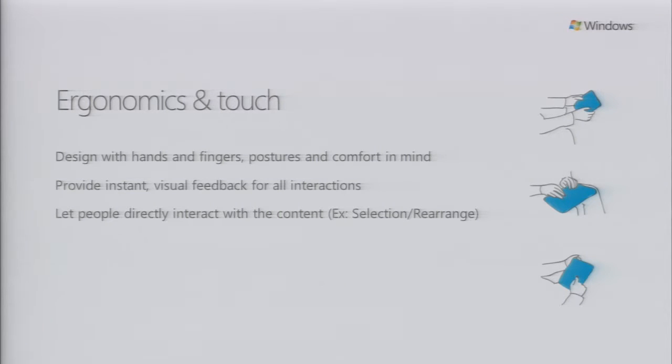We also did a lot of work around ergonomics and touch, building touch into the platform, all of the built-in controls and so on, to make it possible to build a great touch experience. And we have lots of guidance up on the design.windows.com page to talk to you about, what is a touch system versus a keyboard and mouse system? What are the considerations you need to make when you're building these UIs?